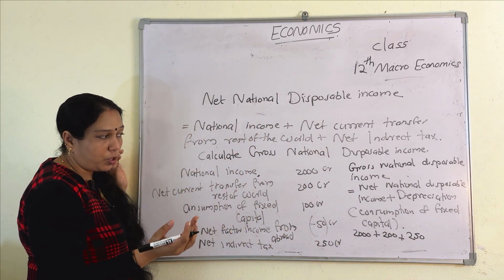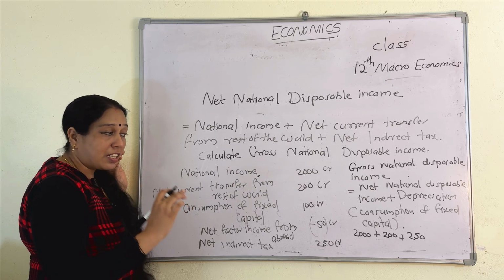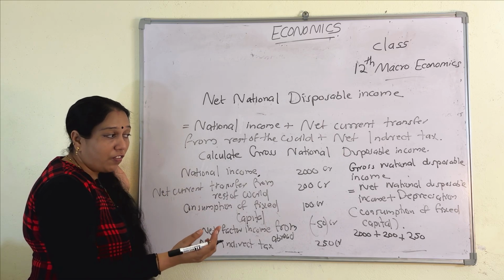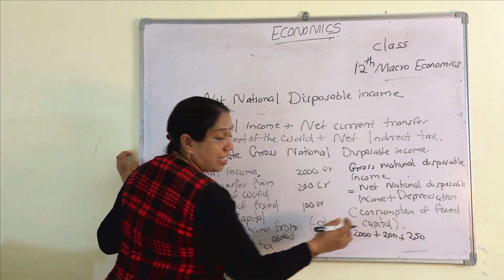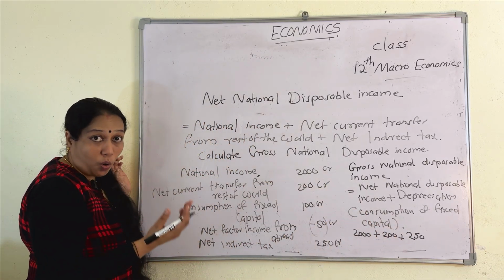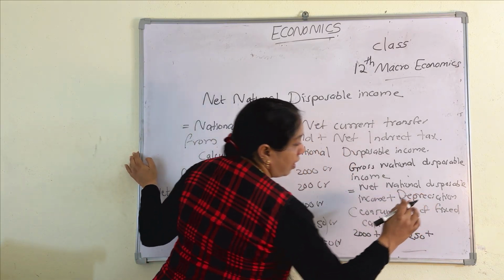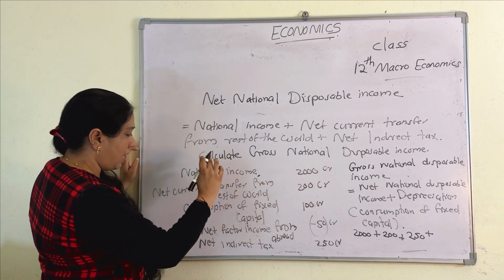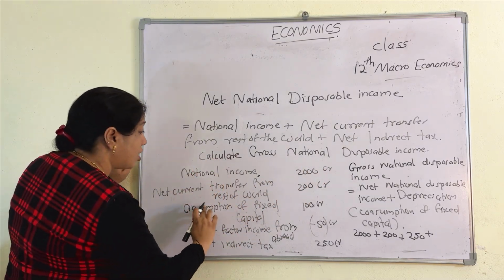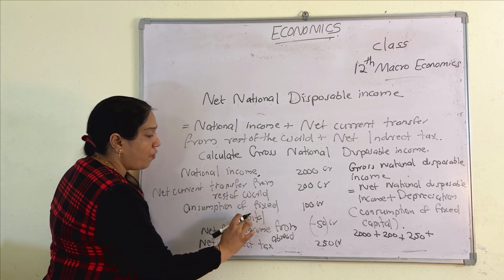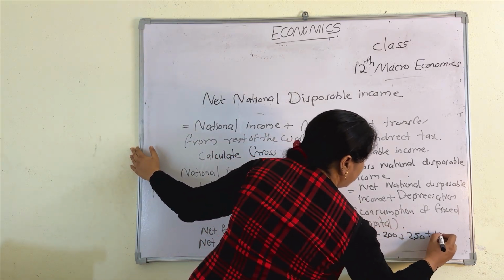Net national disposable income, that is national income plus net current transfer from the rest of the world plus net indirect tax. Okay. Then you have to make it gross national disposable income. You have to add depreciation. That I already wrote in the formula. Depreciation here is not given. Instead of that they gave consumption of fixed capital, same as depreciation. So the consumption of fixed capital is 100.